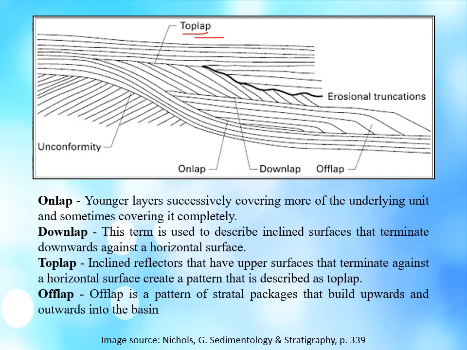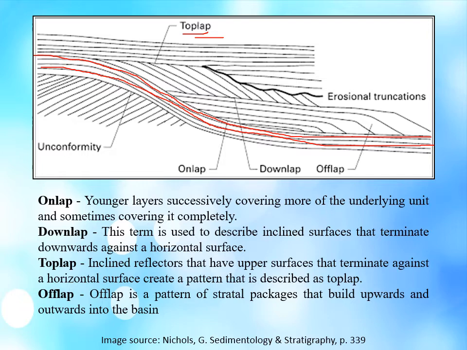You can see that these layers are covering all the previous units. The topmost layer, you can also see, is covering all the previously lying units of the same orientation, which are completely covered. So this is called onlap. Basically these are boundary condition terminologies.